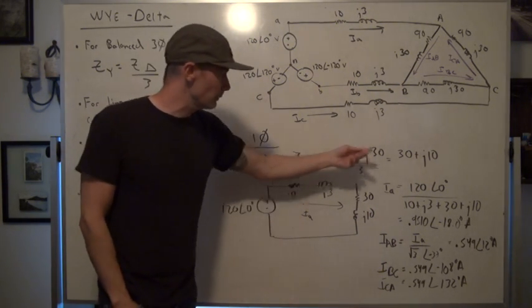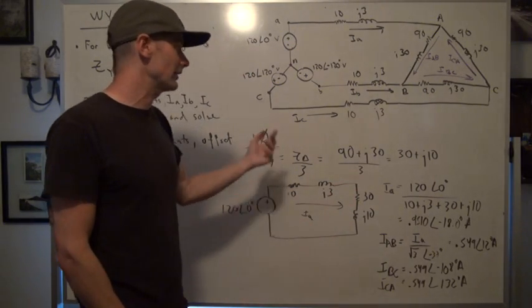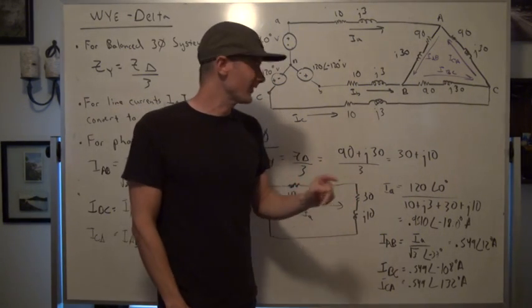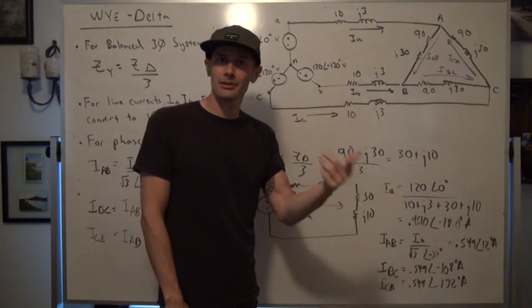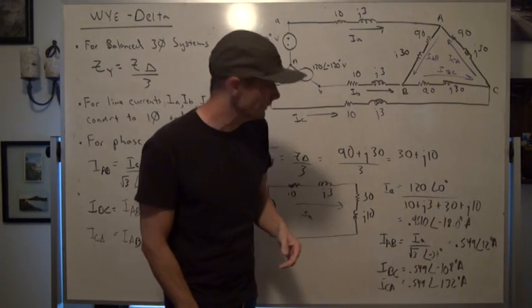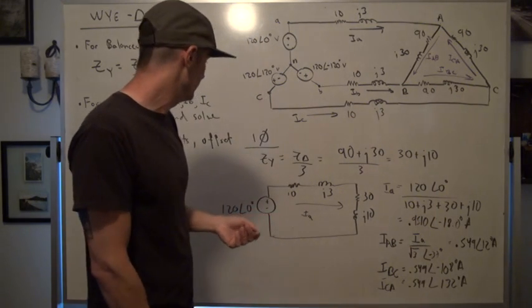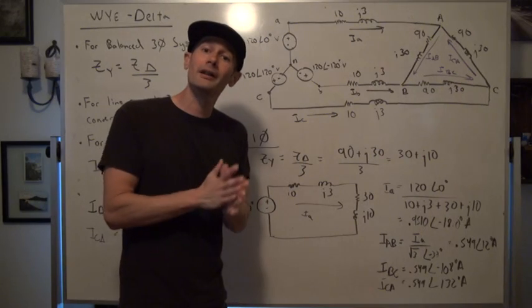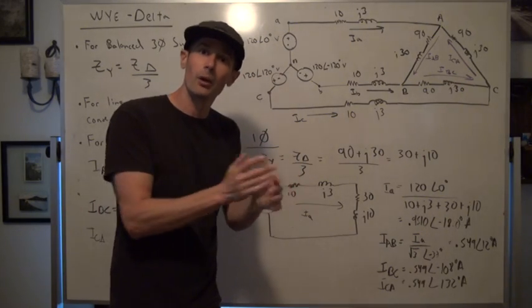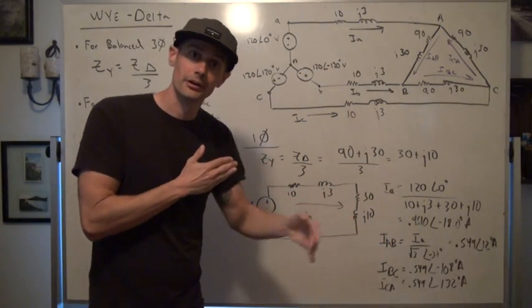Boom. 90 plus j30 divided by 3 comes out very nicely to 30 plus j10 ohms. Did I mean for that to happen? Yes, of course, because we want to keep it simplistic. So now we have an appropriate Y to Y system, Y source, Y load.